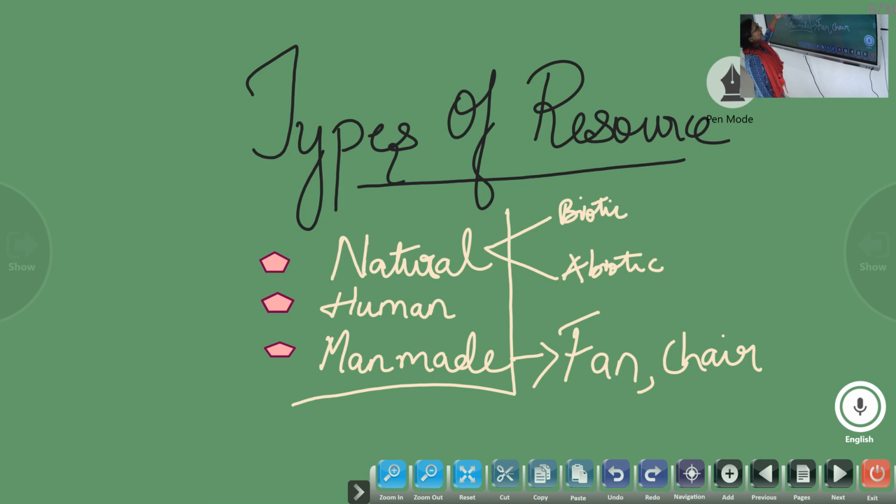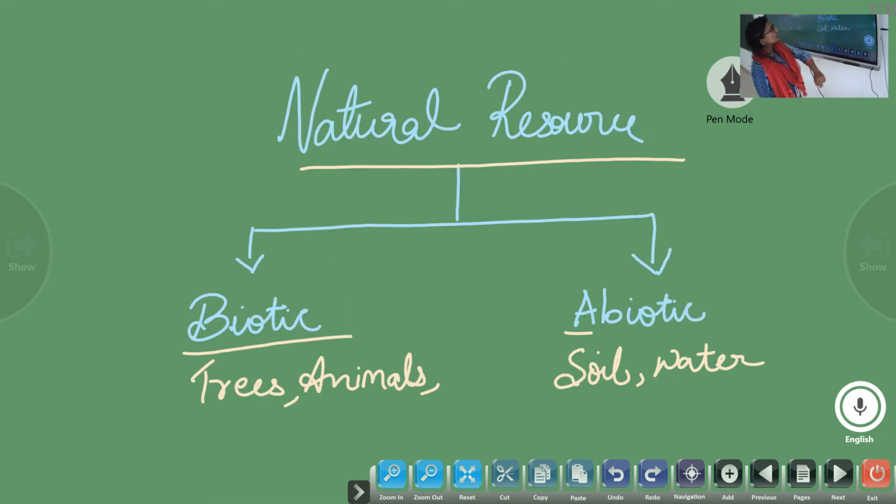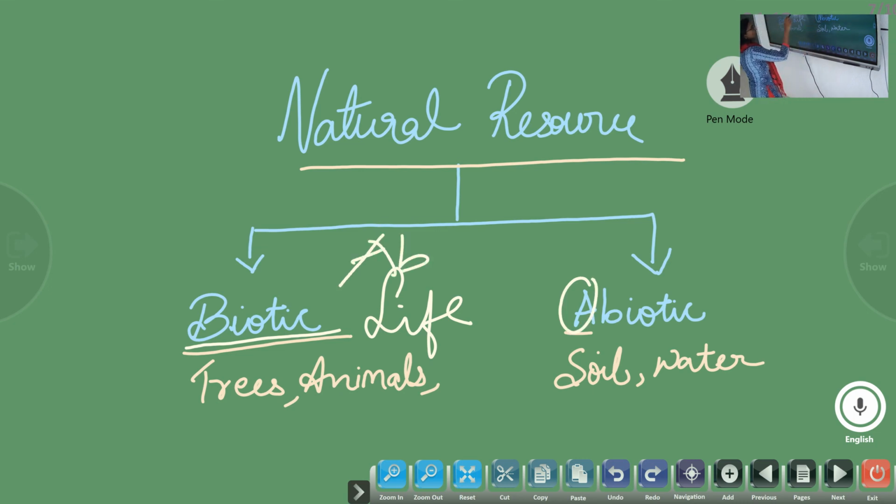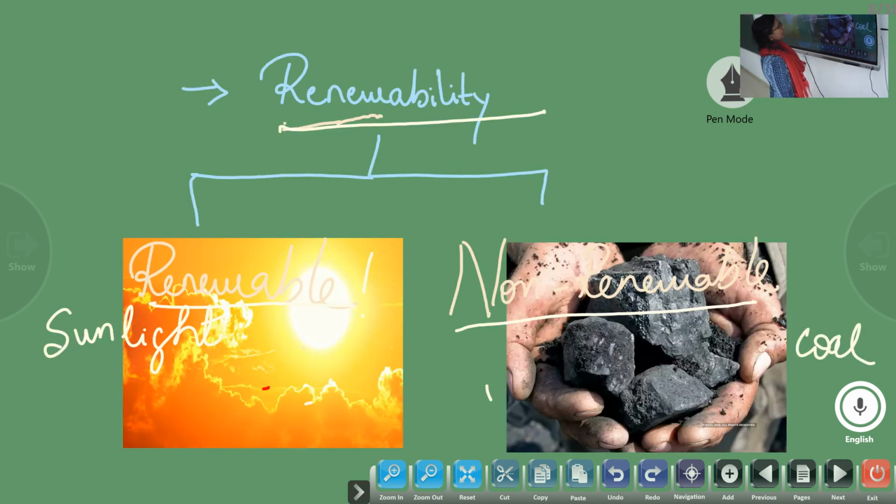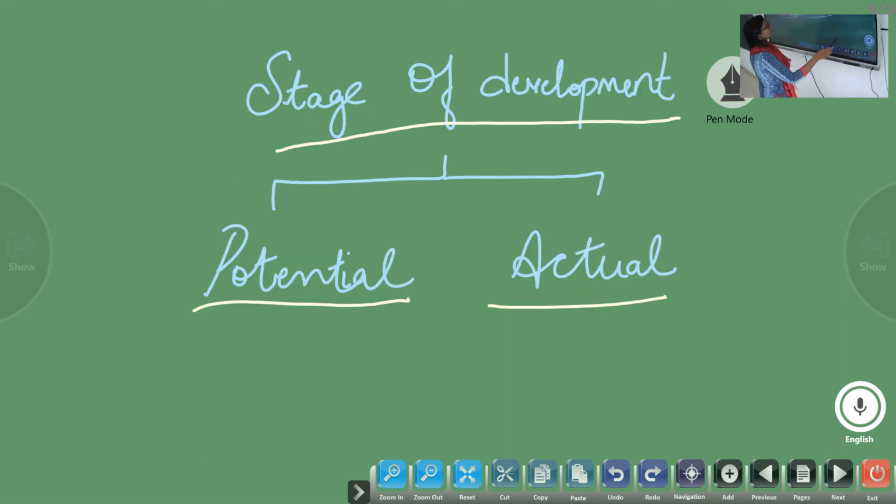And then we said there are three types of resource: natural, human, man-made. And natural resource can be classified into two parts, that is biotic and abiotic. Biotic is anything that has life and abiotic is absence of life. And then we studied based on renewability, there are two kinds. One is renewable, the other one is non-renewable.